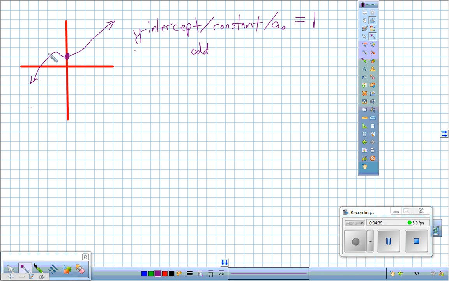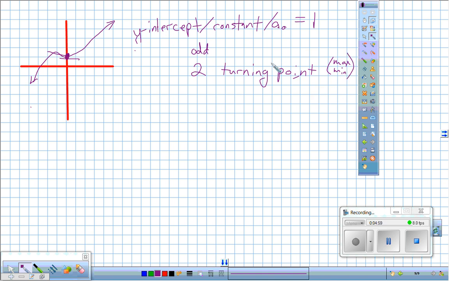And I would say I have 2 humps. Since I have 2 turning points, and your turning points will also be your maxes or mins, those are local maxes and mins.